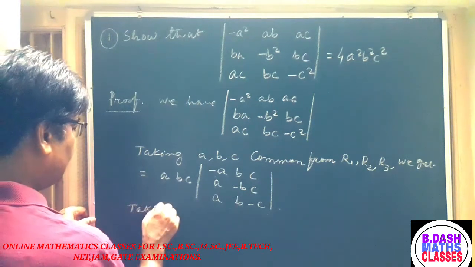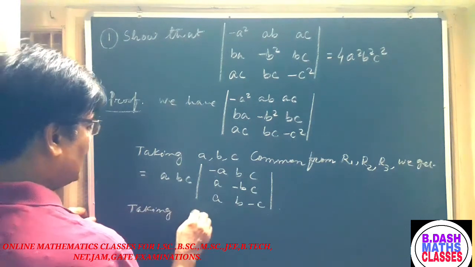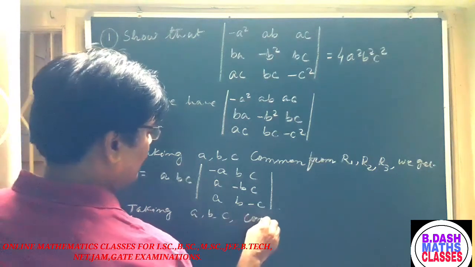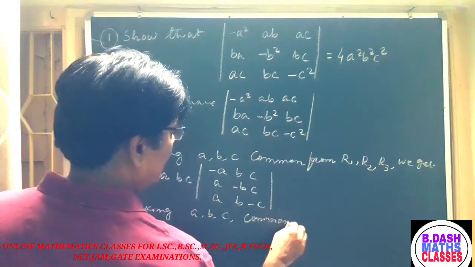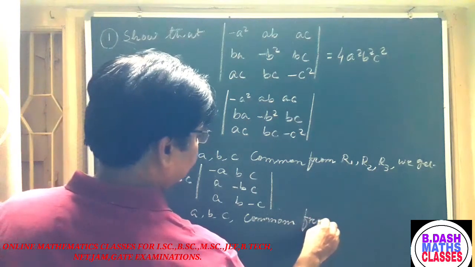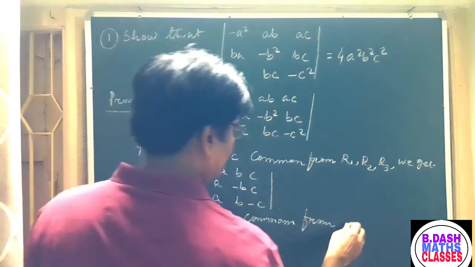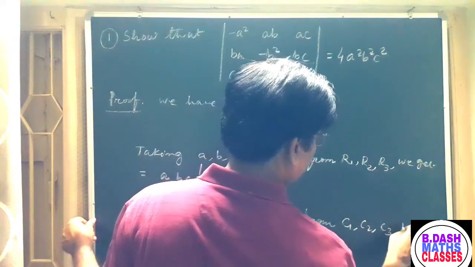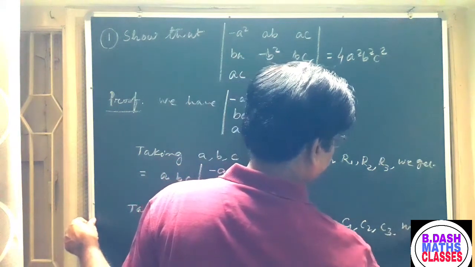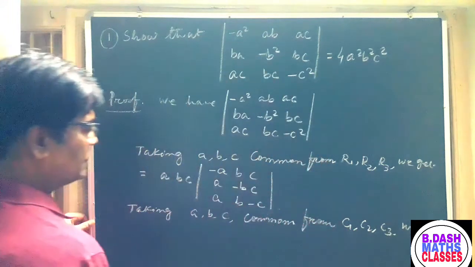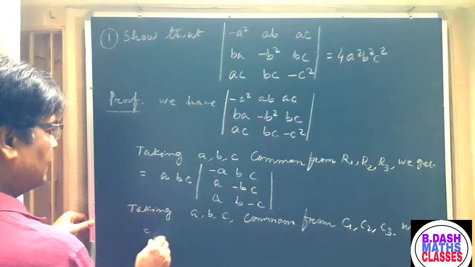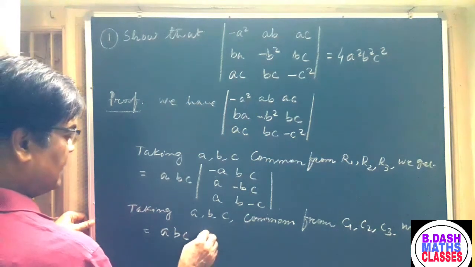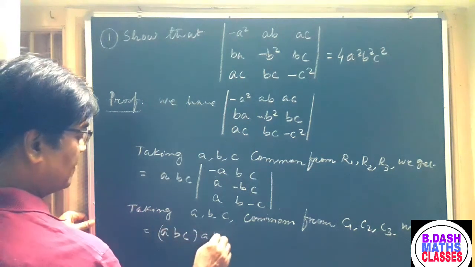Again taking a, b, c common from column 1, column 2, column 3 we get a, b, c, again a, b, c.